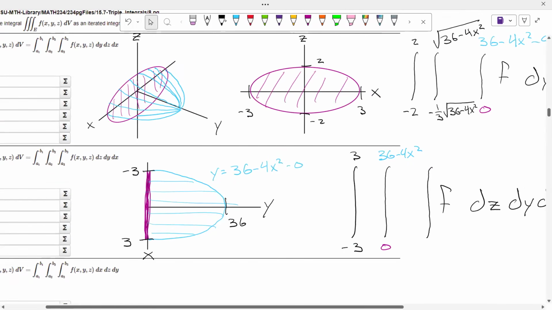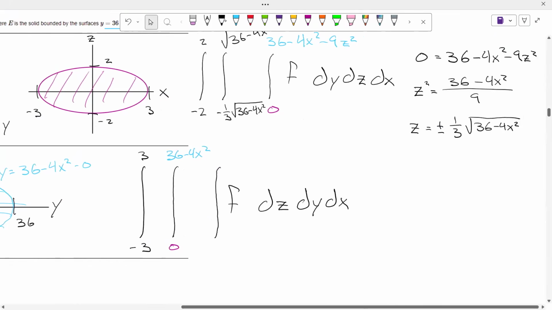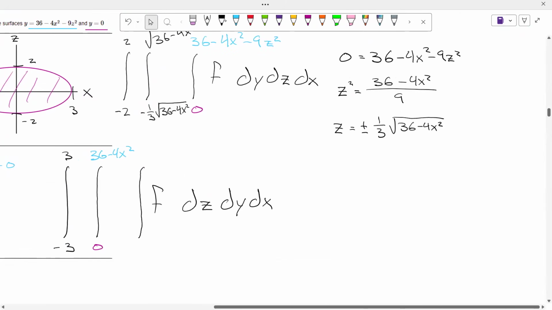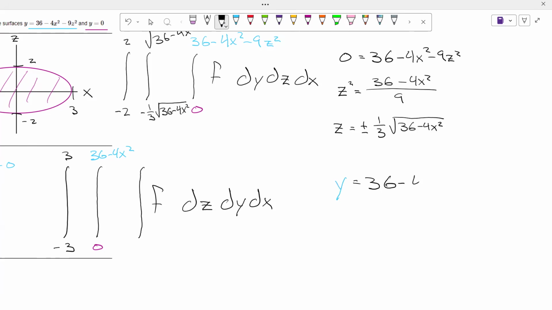We need to come back to our 3D shape for that. If we're looking at an upper limit and a lower limit, we're basically just solving this same equation over here on the right for z, except this time we need the full y equals 36 minus 4x squared minus 9z squared. And solve that for z.